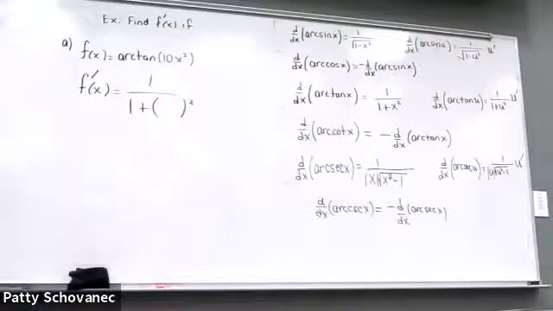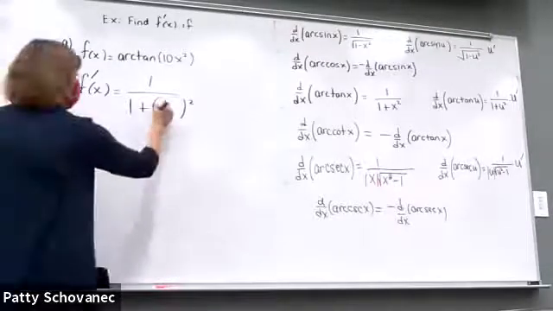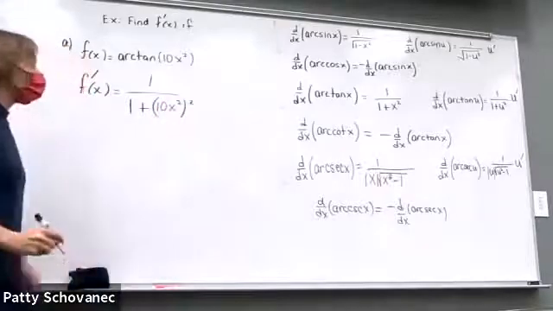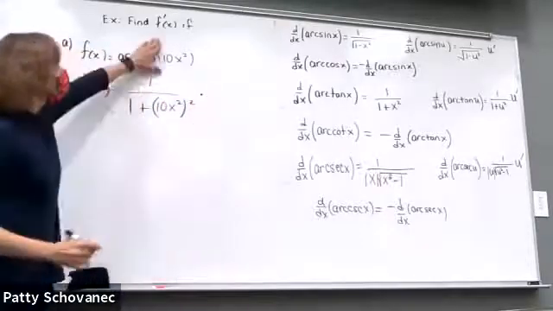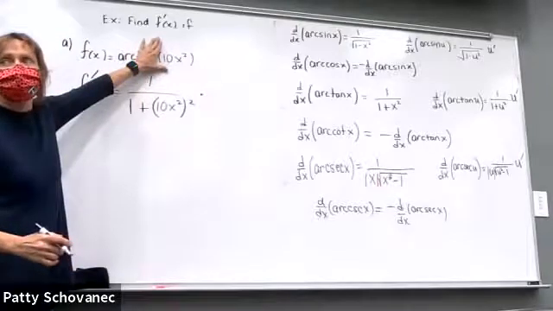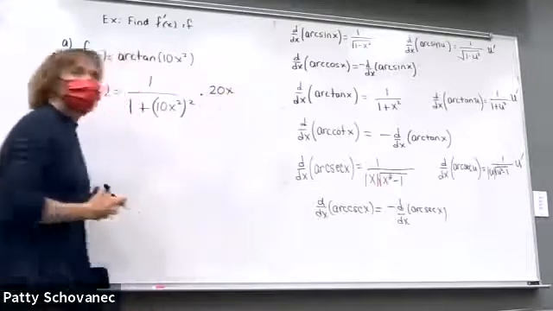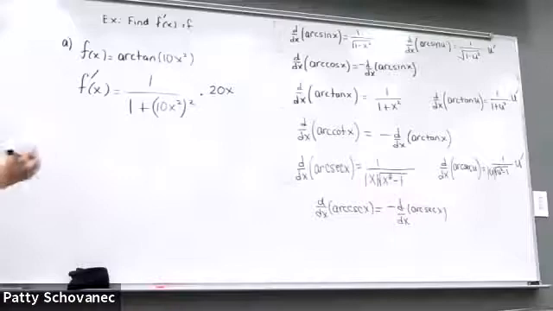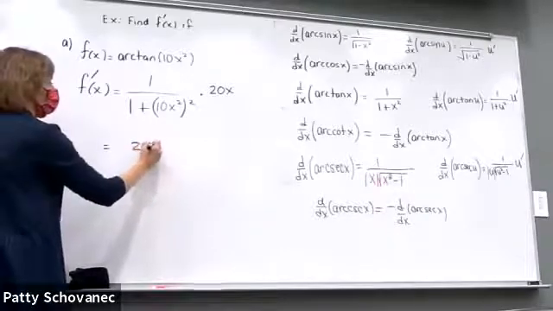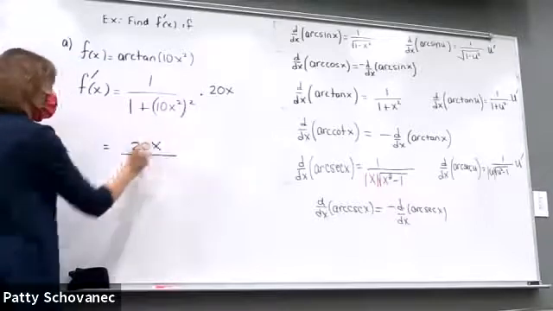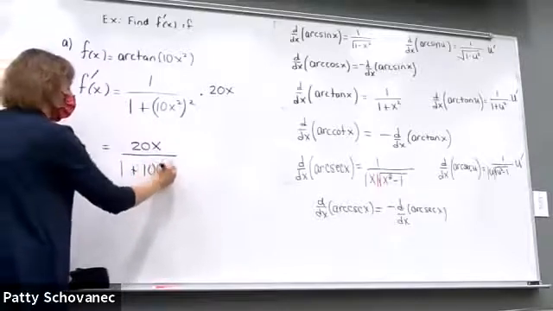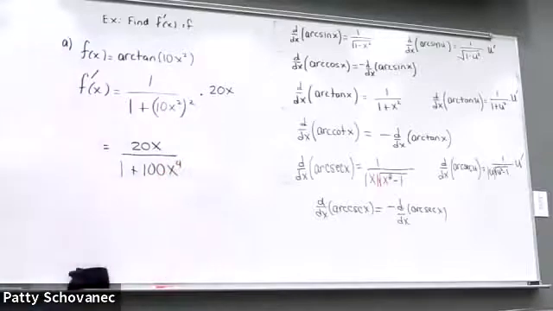So in there, I'm going to put the 10x squared, and then multiply that by u prime. The derivative of 10x squared is 20x. And then we'll simplify that. Slide the 20x over on the top. Go downstairs and square the 10x squared and get 100x to the 4th. Good.